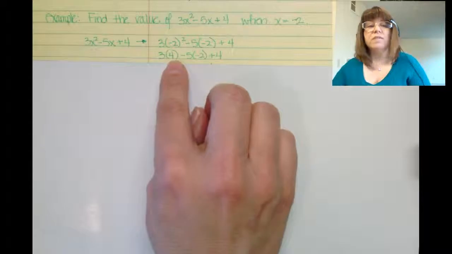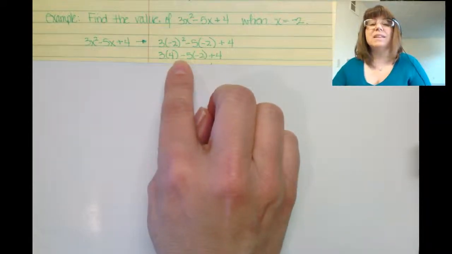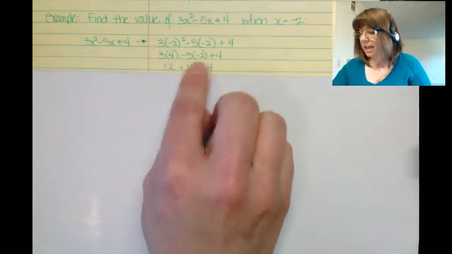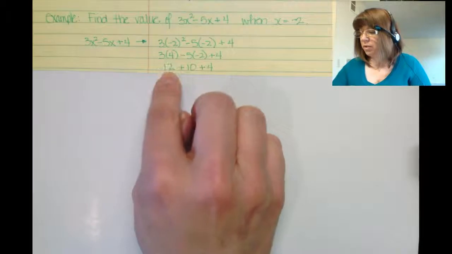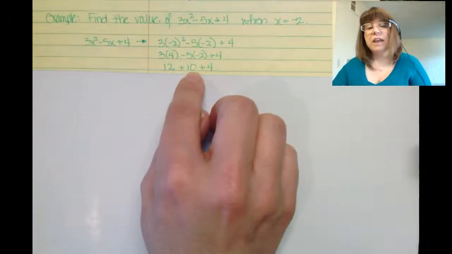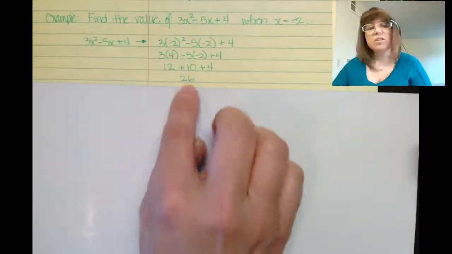Negative 2 squared is 4, so 3 times 4 minus 5 times negative 2 plus 4. Do the multiplication, so 3 times 4 is 12. Negative 5 times negative 2 is positive 10. So now I have 12 plus 10 plus 4, and that gives us 26.